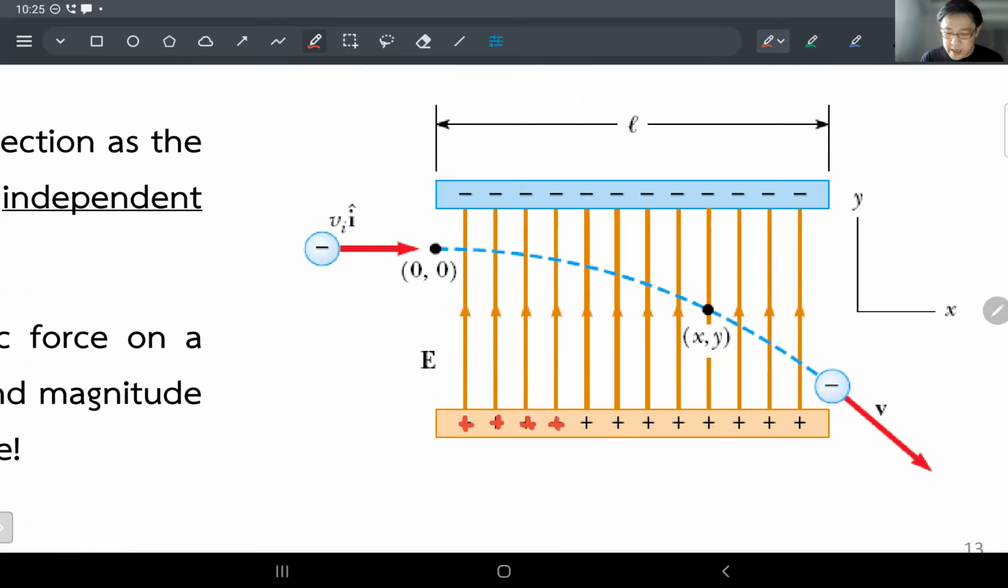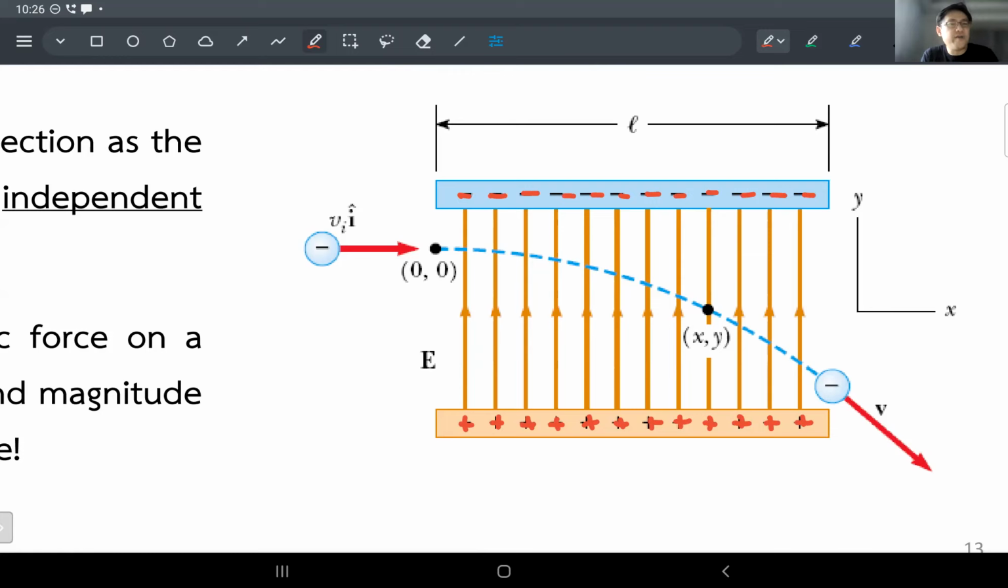And in the upper plate, you might have a collection of electrons or negatively charged particles. Between these 2 plates, you can imagine the fields should have a very straightforward direction, going out from the positive charge directly into the negatively charged. Then you have a uniform electric field here.